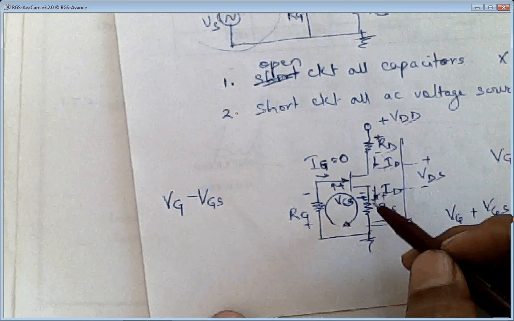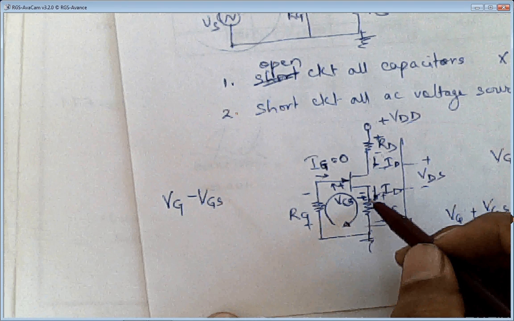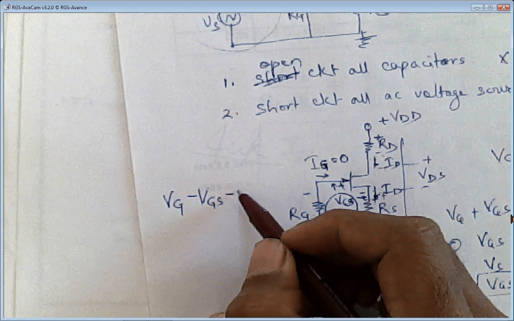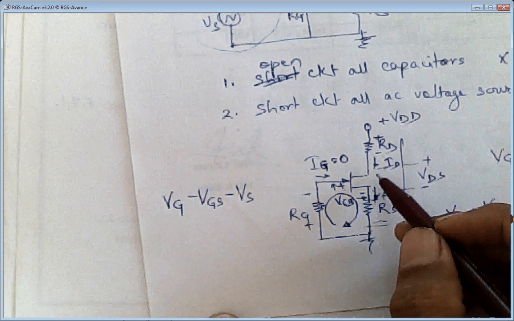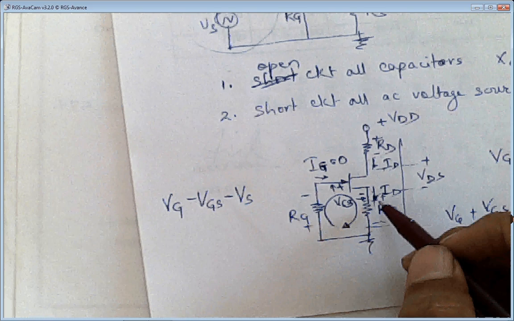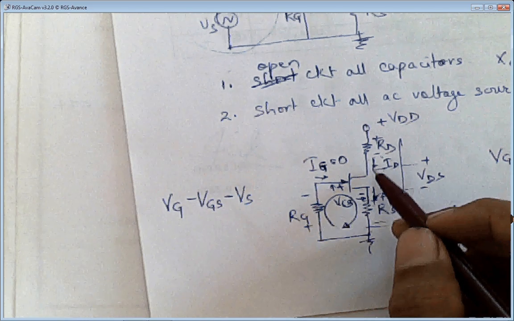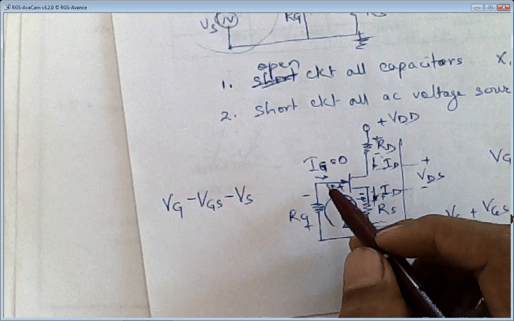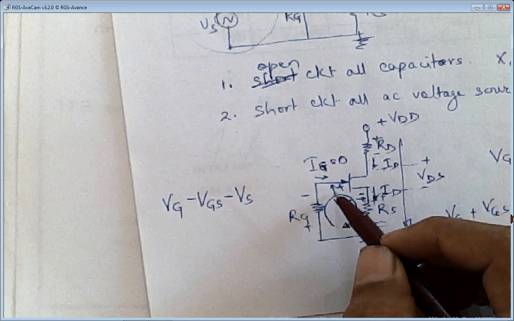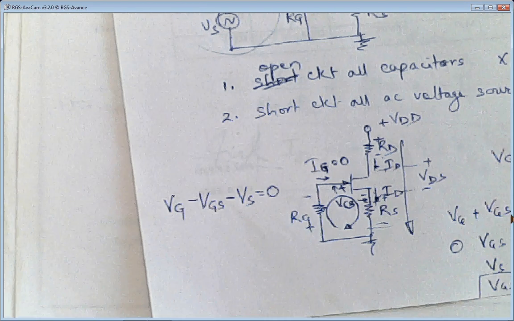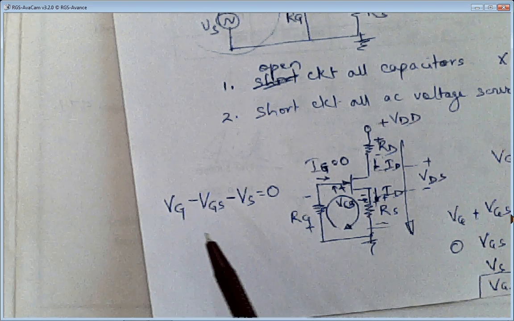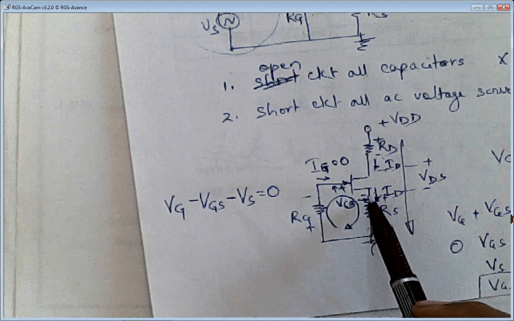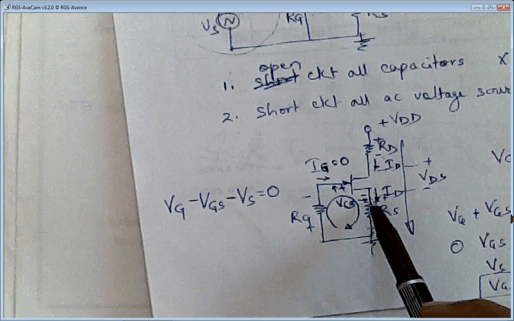Third thing is Vs voltage, which is from source to the ground. So I'll write that also as minus Vs, because the current flowing in this path will be ID current, because the current entering the FET is ID. So leaving the FET will also be ID, because Ig is equal to 0. And I have taken all these 3, then I'll write this as equal to 0. Vg is the voltage across Rg, Vgs is the voltage between gate to source, and Vs is the voltage from source terminal to ground.